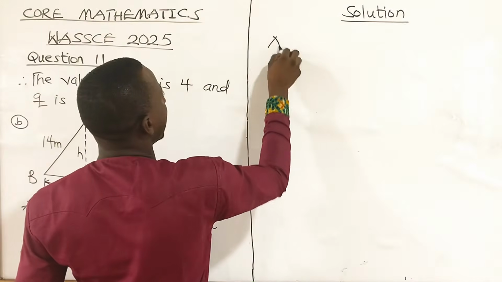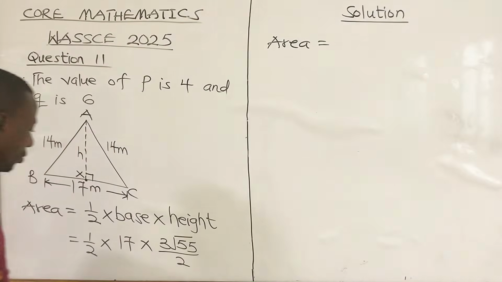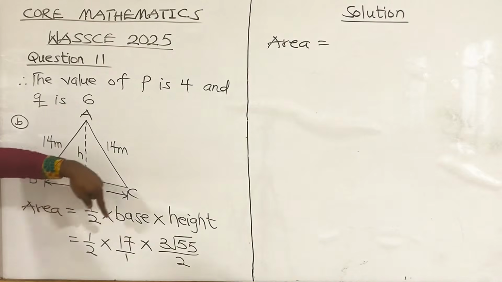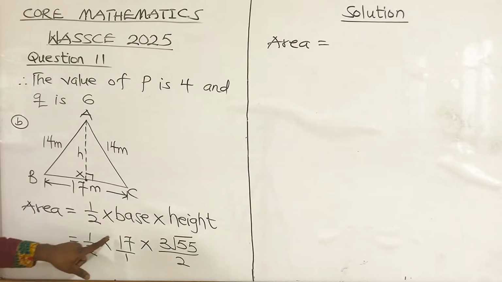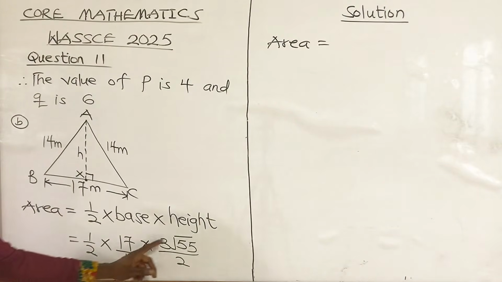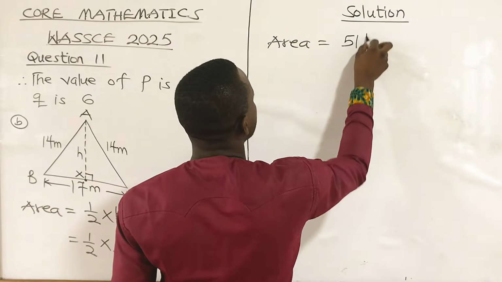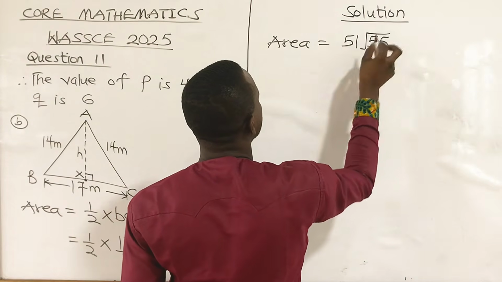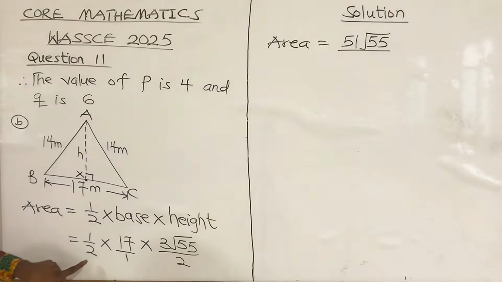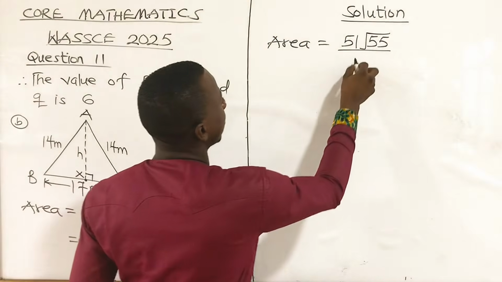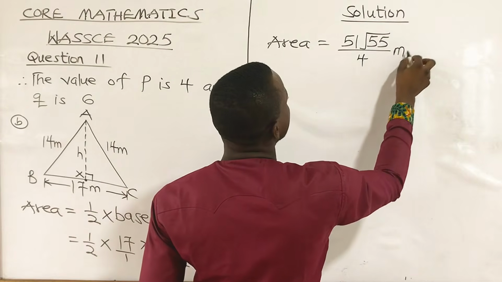So we have the area to be equal to, now we know that this is over 1. So the numerator multiplying this, 1 times 17, we still have 17. Then 17 multiplying 3 root 55, we are going to get 51 root 55 all over 2 times 1. We still have 2 times 2, we are getting 4 meters squared.